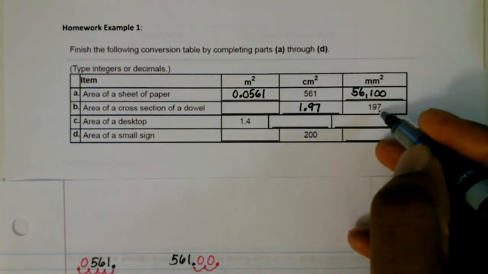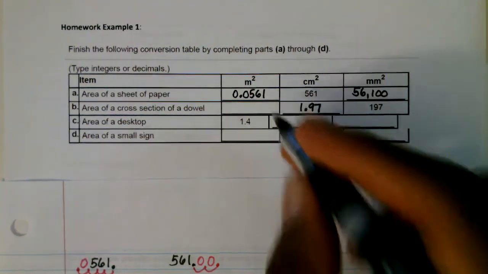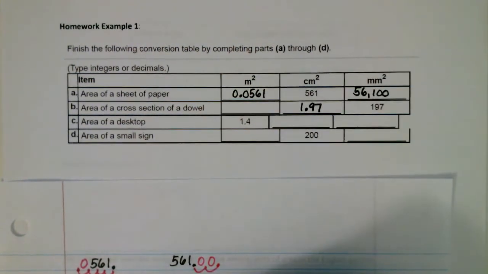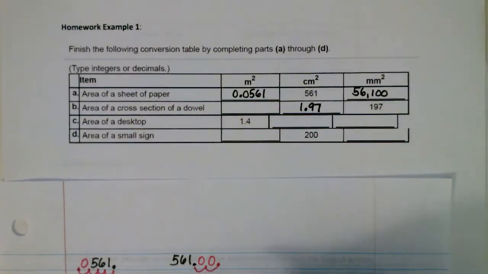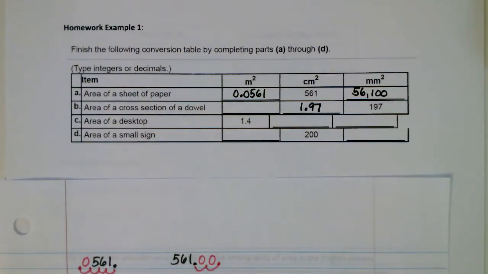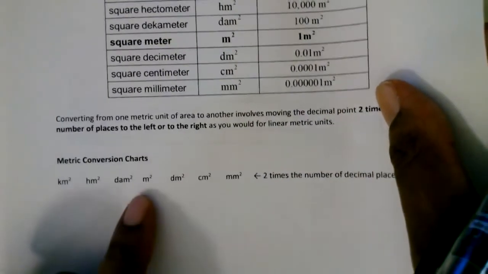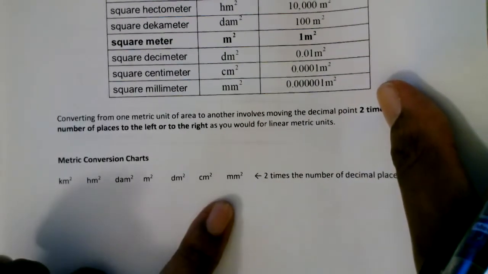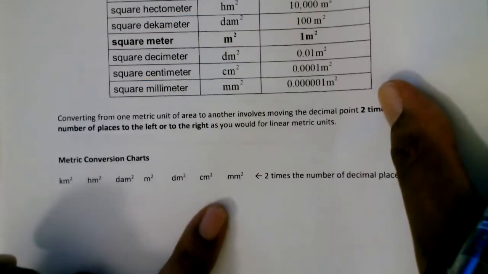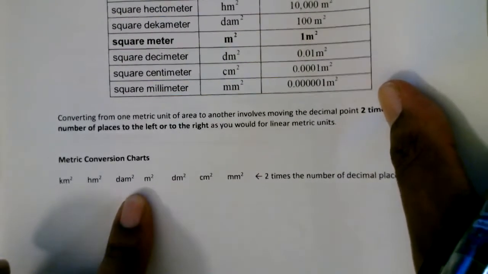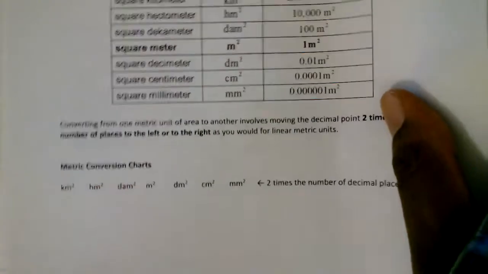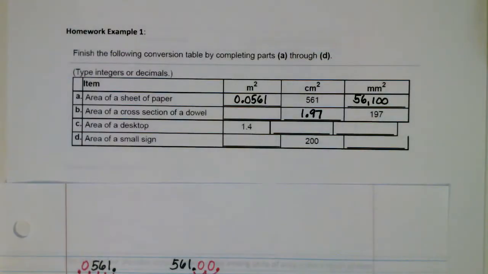Now we're going to go from square millimeters to square meters. Normally, using that conversion chart, from millimeters to meters, you move the decimal point 1, 2, 3 places to the left, but we have to do 2 times that since it's square metric units. So 2 times 3 will be 6.